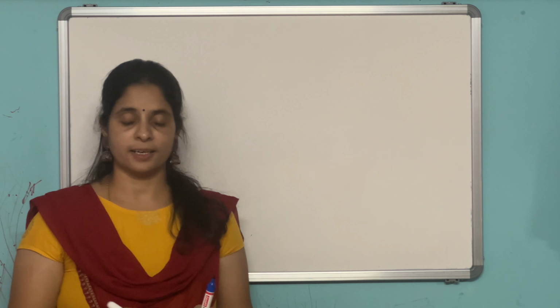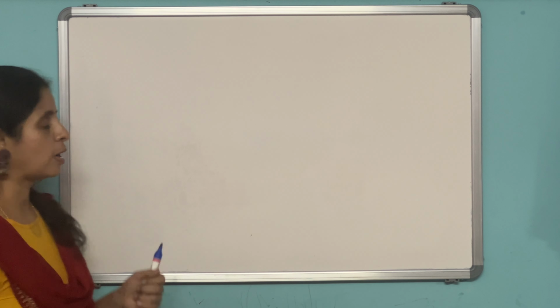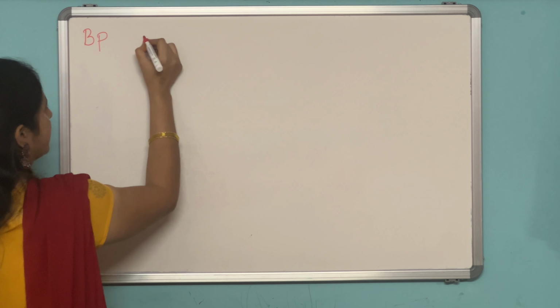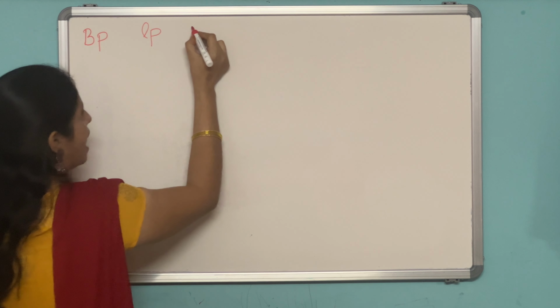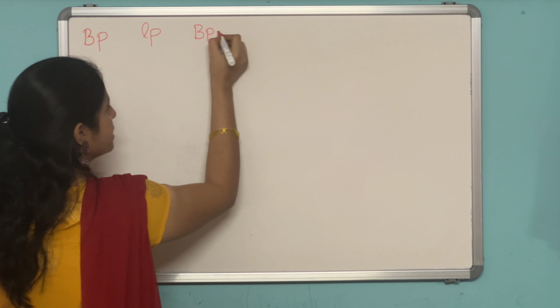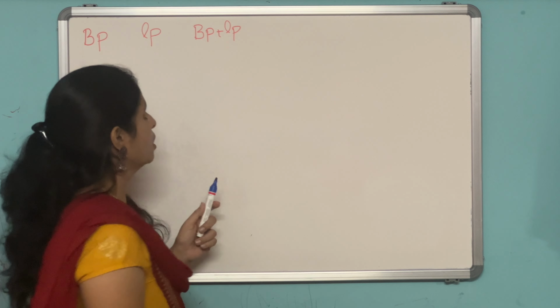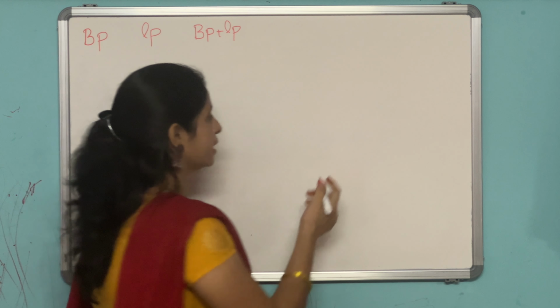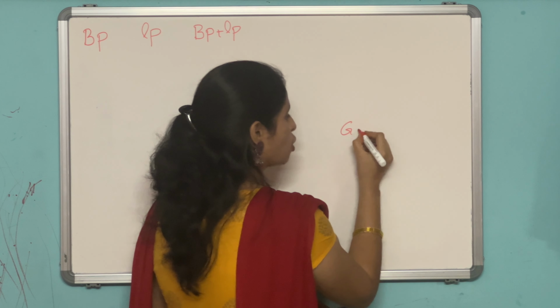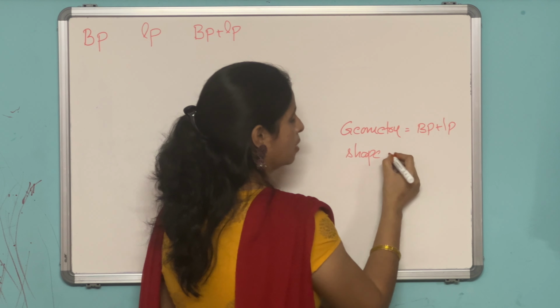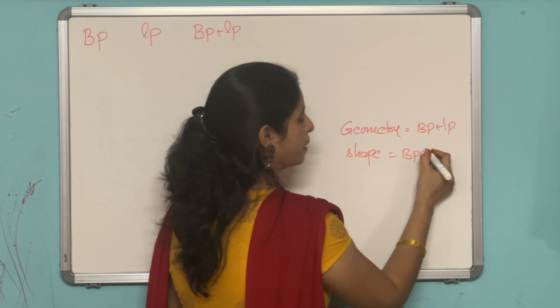Now make a table. First column bond pairs, second lone pairs, and third bond pairs plus lone pairs. Make another note: geometry means bond pairs plus lone pairs, and shape means you only have to consider the bond pairs of electrons.